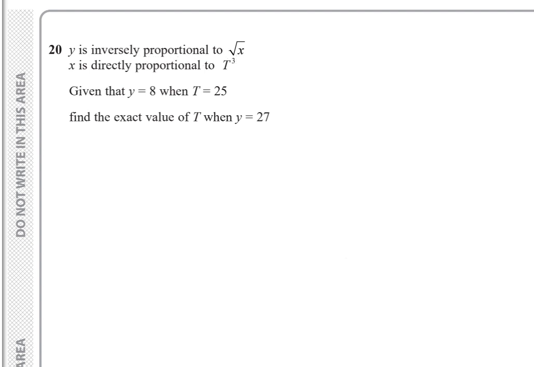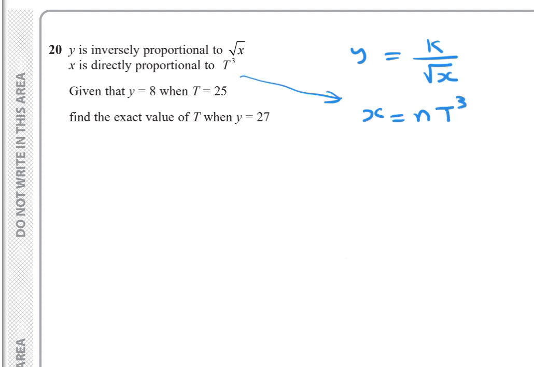So you can write y equals a constant over the square root of x. And from the second one, x directly proportional to t to the power 3. So you can write x equals a constant times t to the power 3. So you can call this constant n. So x equals n t to the power 3.